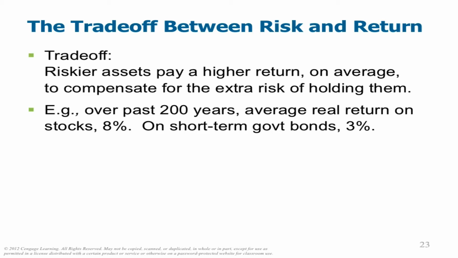Over 200 years, if you were in the stock market, you'd have gotten on average 8%, whereas if you were in short-term government bonds, 3%. Here's the difference. At any given time, you were pretty darn sure you were going to get that 3%. We have had some definite periods in the last 200 years where that was a negative number, and if you needed your money, you weren't getting it.